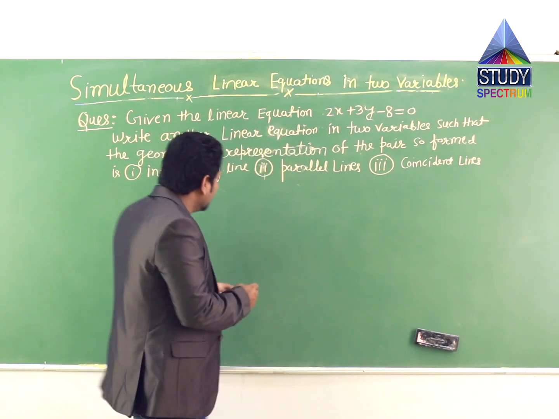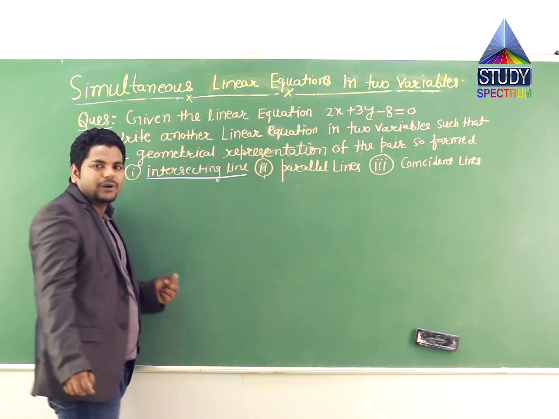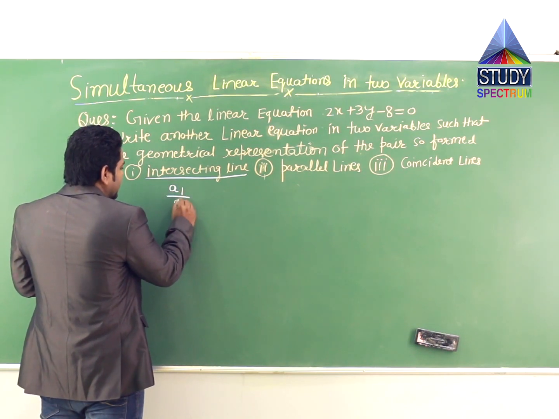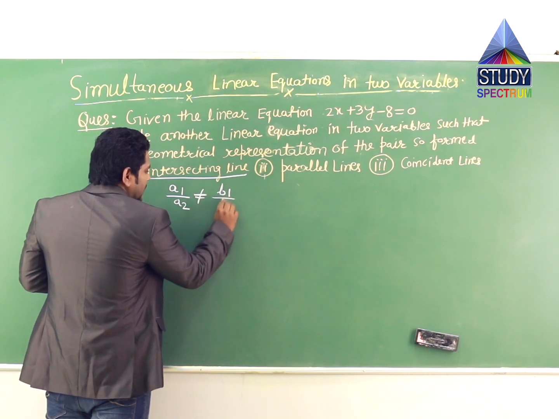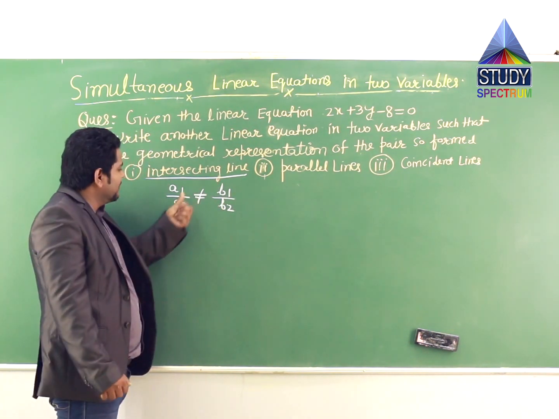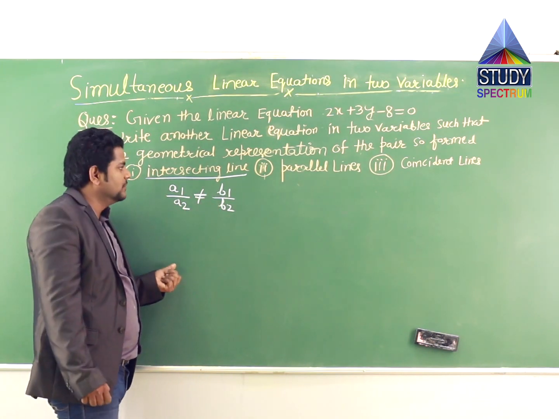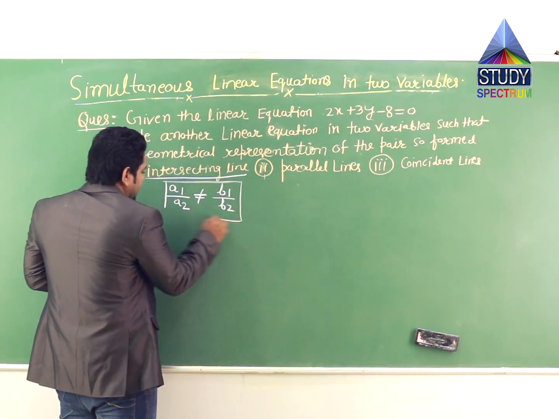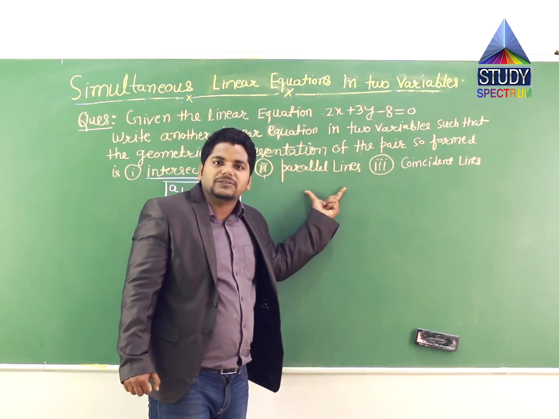So for intersecting lines, what is the condition? A1 by A2 should not be equal to B1 by B2. That's it. Now come to parallel lines. What are the conditions for parallel lines?